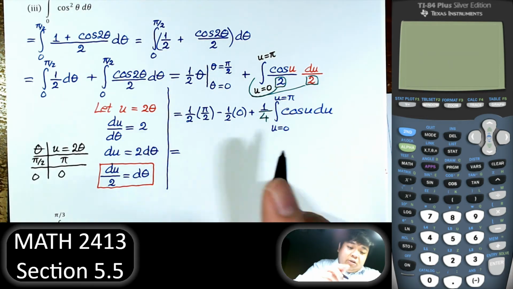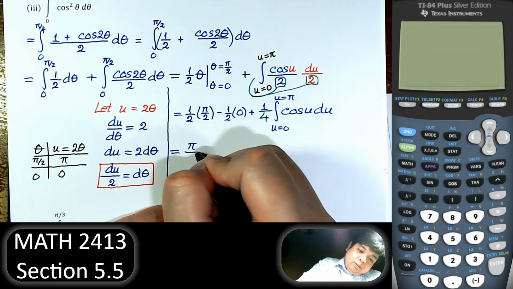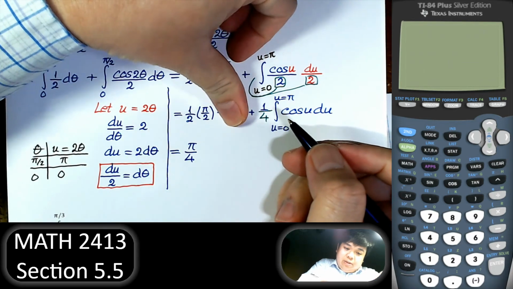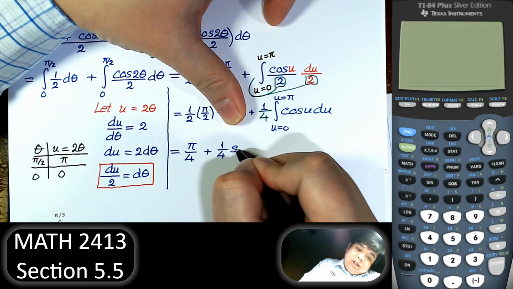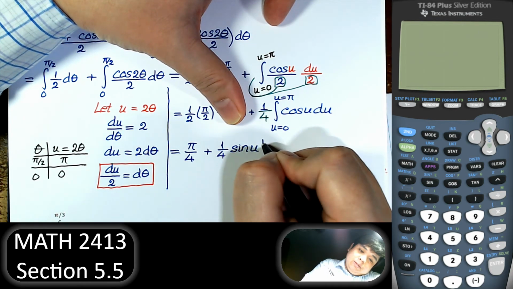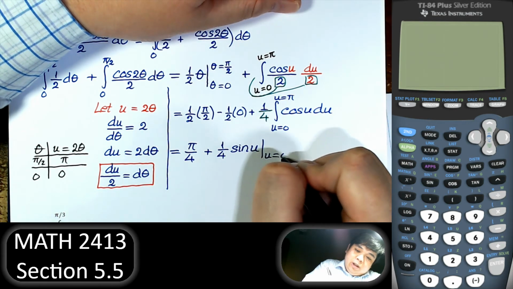That gives us pi over 4 plus 1 over 4. The integral of cosine is sine, going from 0 to pi.